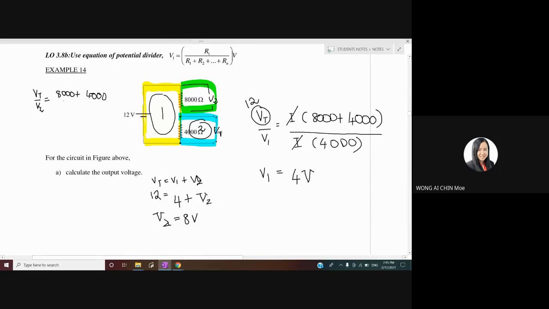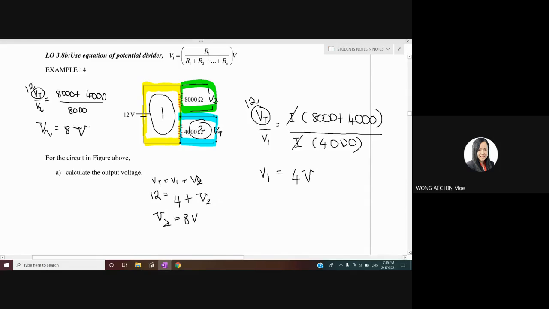And the resistor for V2 is 8,000. And of course, our V total is equal to 12 volt. You substitute inside, so your V2, you will get 8 volt as well. So this is if you want to find V2.